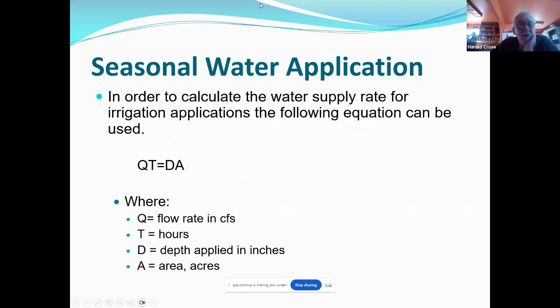In order to calculate the water supply, this is a formula you could use if a grower comes in and says, I've got X amount of water, which is your Q, the flow rate, of half a CFS. You can calculate how many acres you could irrigate with that.